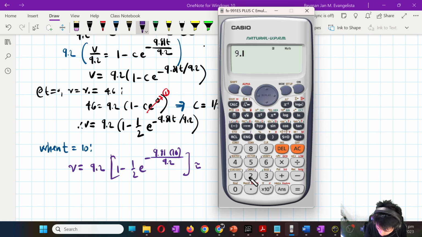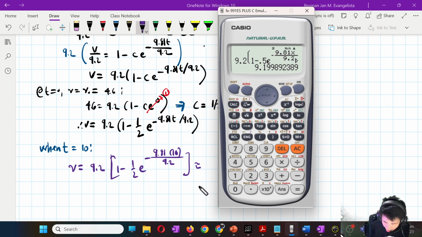9.2 times 1 minus 1 half or 0.5 times e raised to negative 9.81 times 10 over 9.2. We will get approximately 9.2.